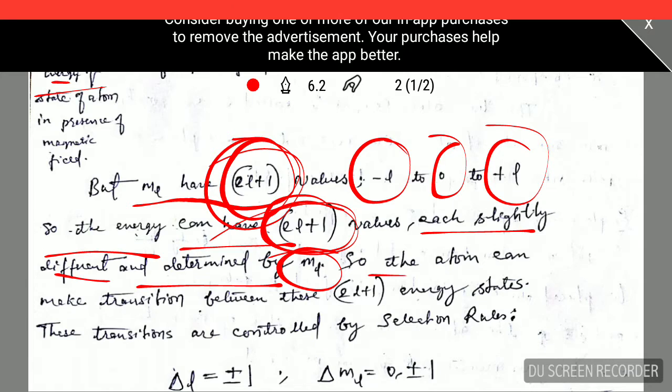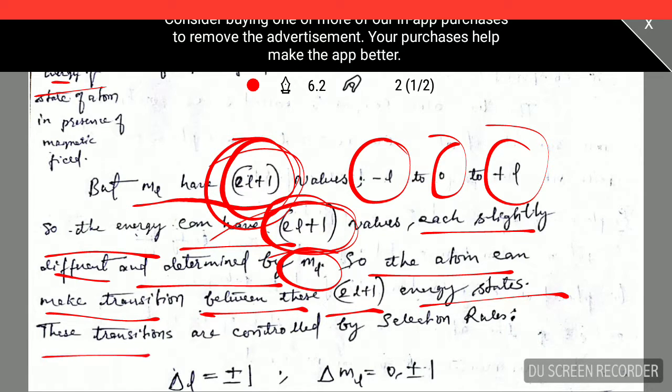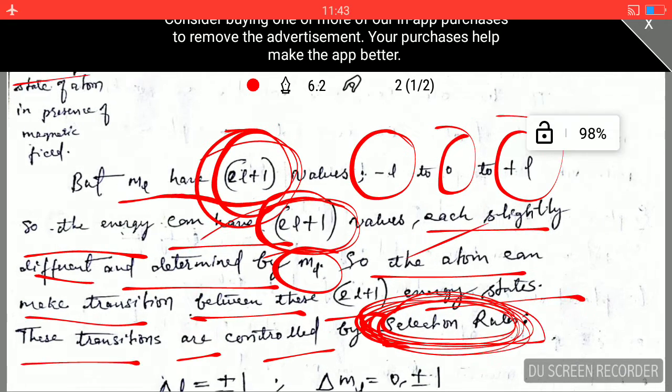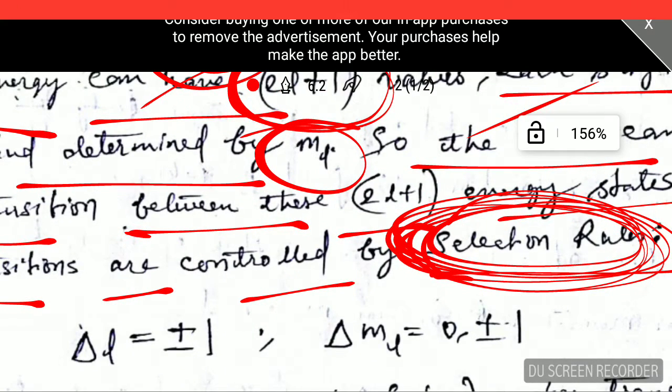So the atom can make transitions between these energy states, and these transitions are controlled by the selection rules. So here comes the important thing, that is the selection rules.